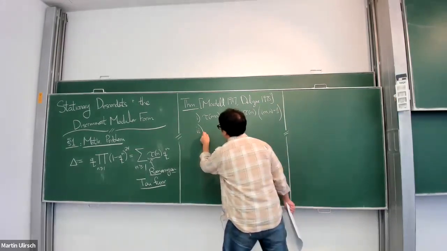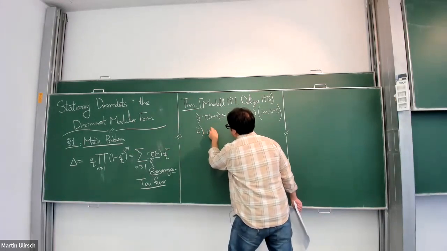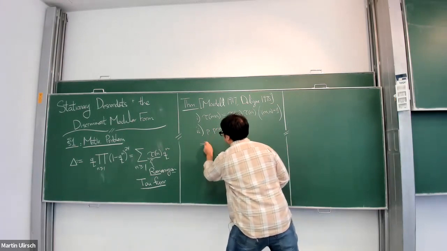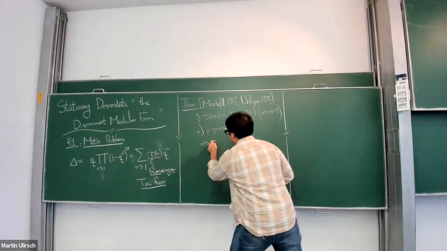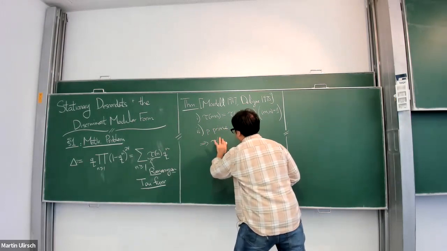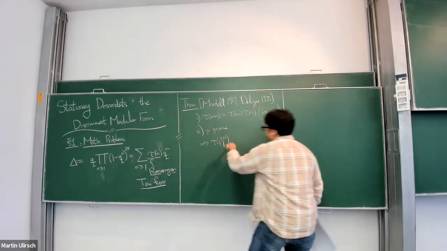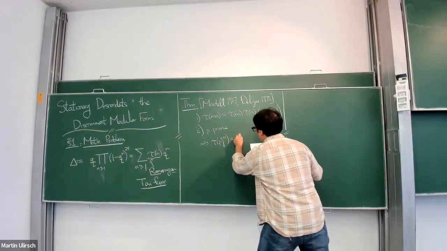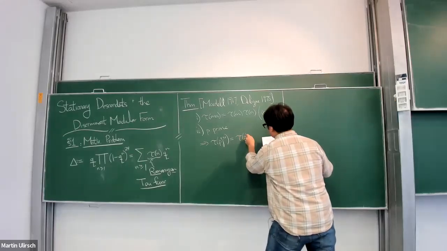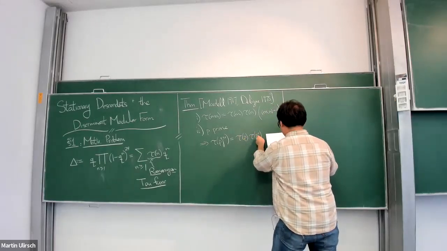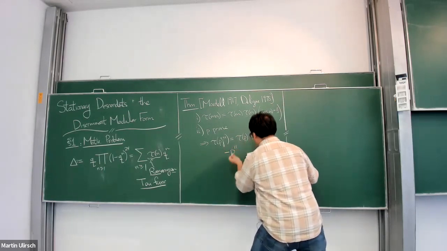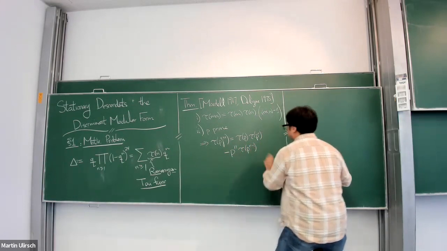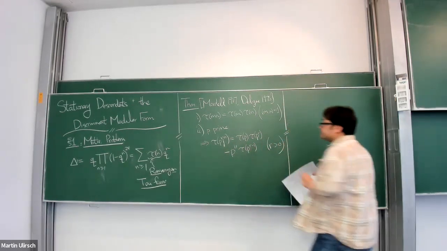We also know that if I give you a prime p, it turns out that if I feed in a power of this prime p, I get something like this: tau of p to the r plus 1 is expressed in terms of tau of p to the r and p to the 11 times tau of p to the r minus 1, for r greater than 0.